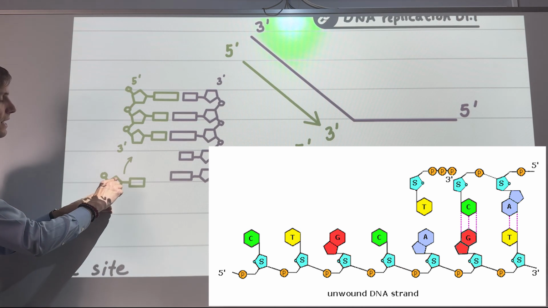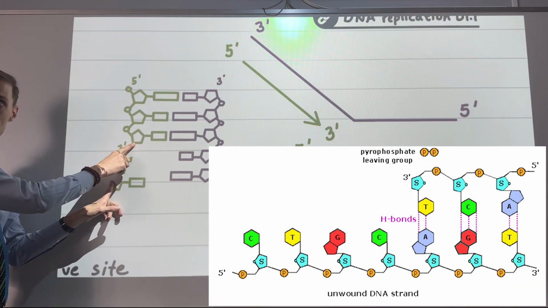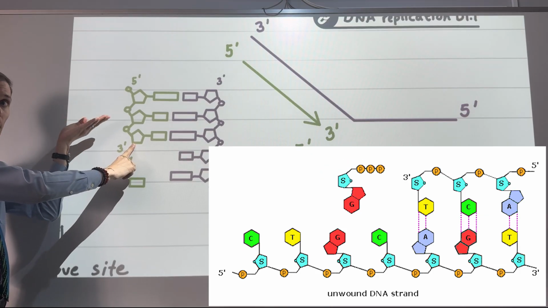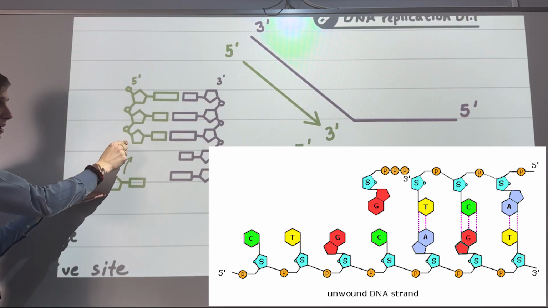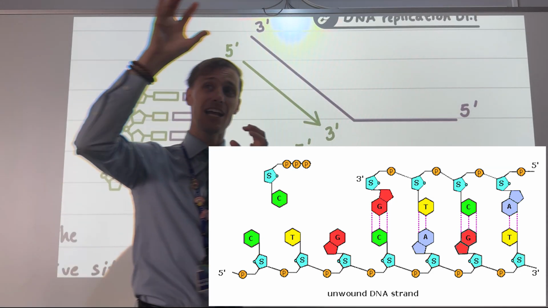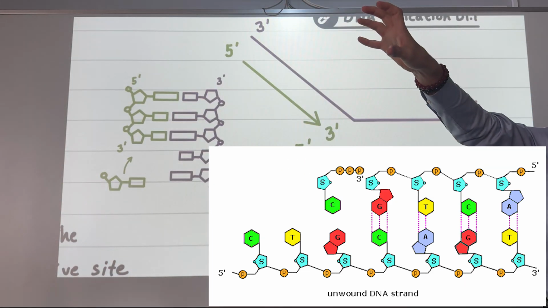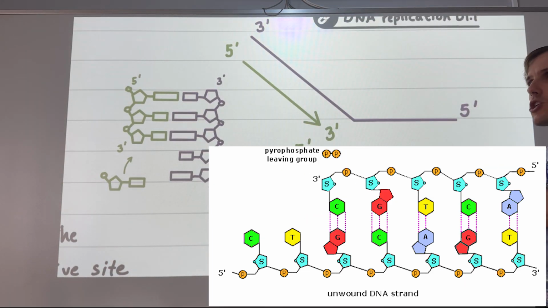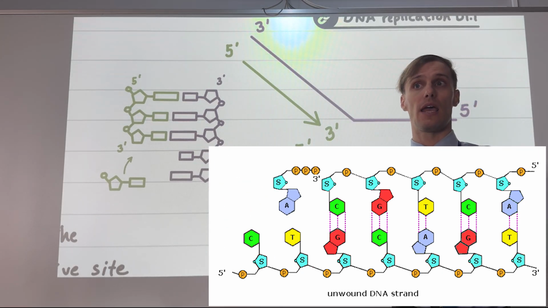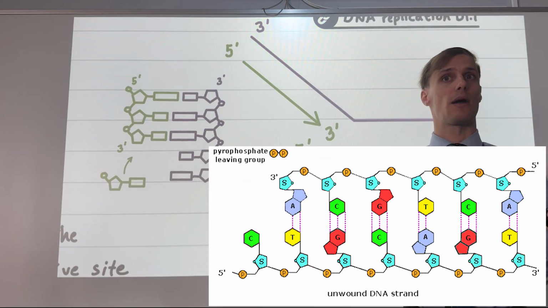Because I'm consistently adding to the 3' end, you can describe this action as happening 5' to 3', 5' to 3'. So it's attaching or binding to the 3' end, but you can describe its activity as it is replicating DNA in the 5' to 3' direction.